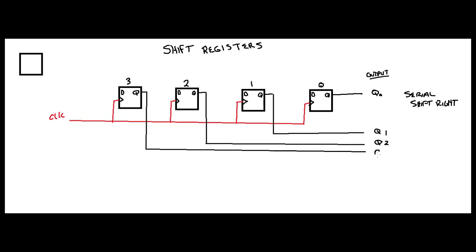There's Q2, and there's Q3. All right? Now remember, a flip-flop, the output Q can either be a 1 or a 0.